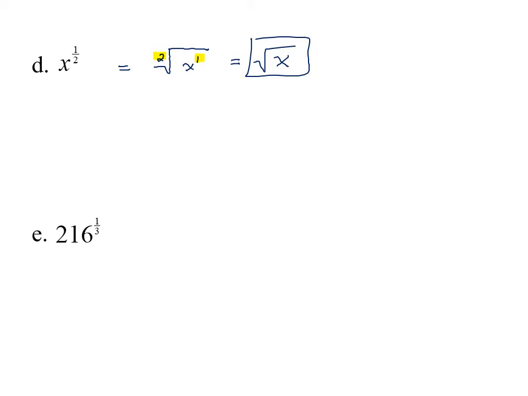If you don't want to, that's okay. You can do it out by hand fairly easily. This is saying the same thing as the cube root of 216 to the first power. And again, you don't usually write the first power, so it's only really asking what's the cube root of 216.